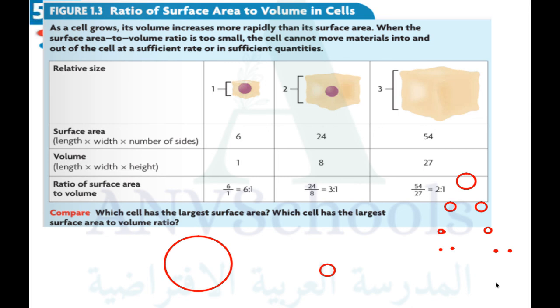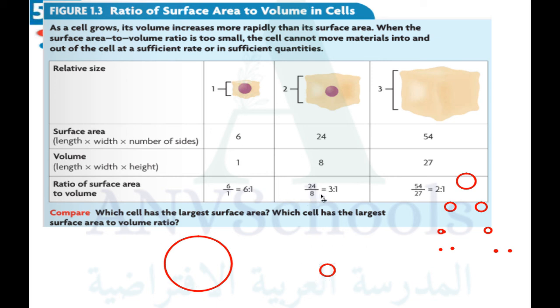So if you have the two balls, one being small, and you look at the surface area to volume ratio, the question is which has the larger ratio of surface area to volume. It would be the smaller ball and not the larger one.